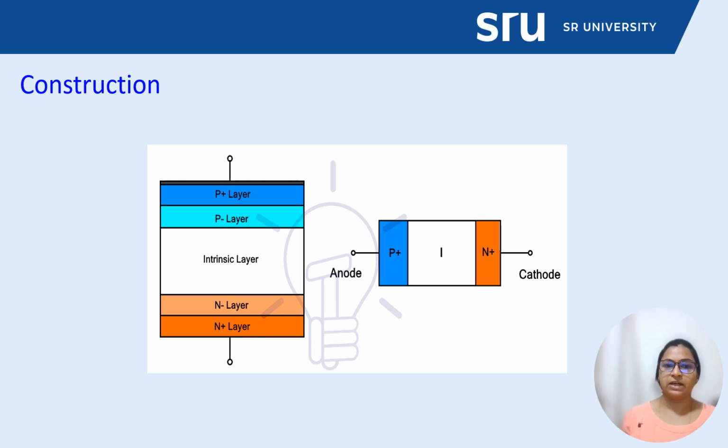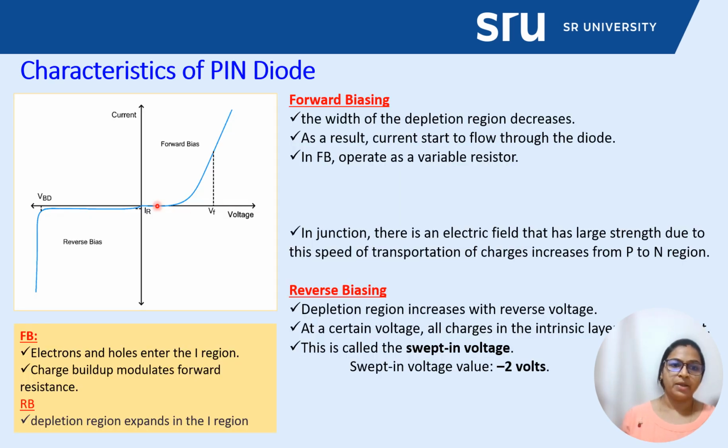So let us see its characteristics. This is the typical IV characteristic of a PIN diode. It is plotted as current versus voltage, both in reverse bias and forward bias. In the forward bias, basically the electrons and holes, as told, enter the intrinsic region, and charge buildup modulates forward resistance.